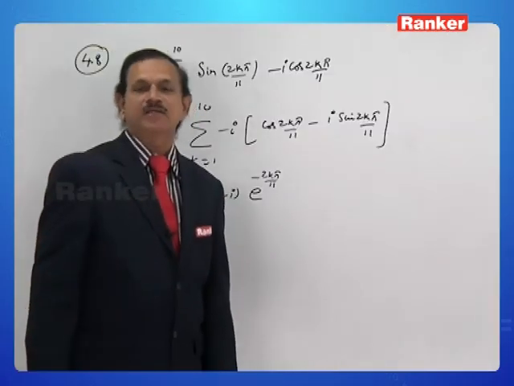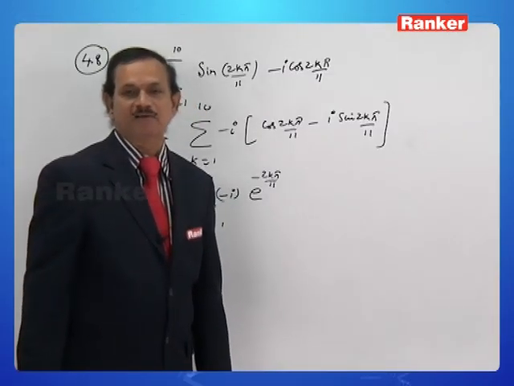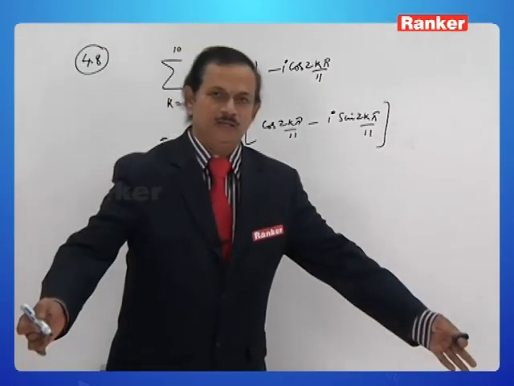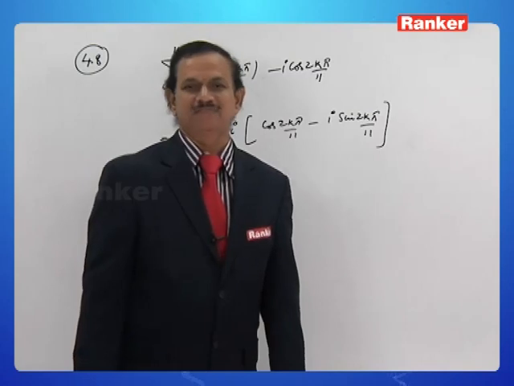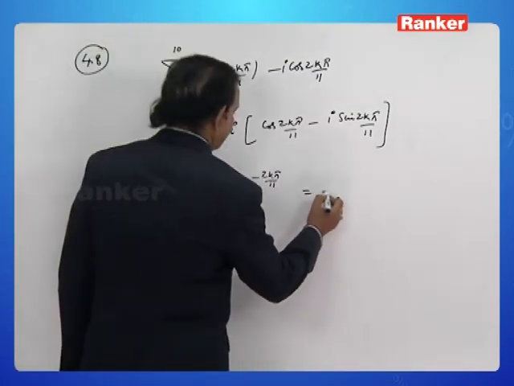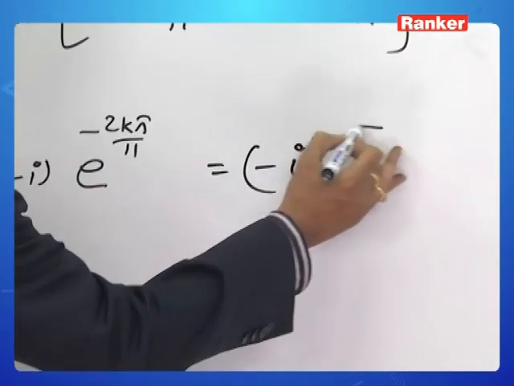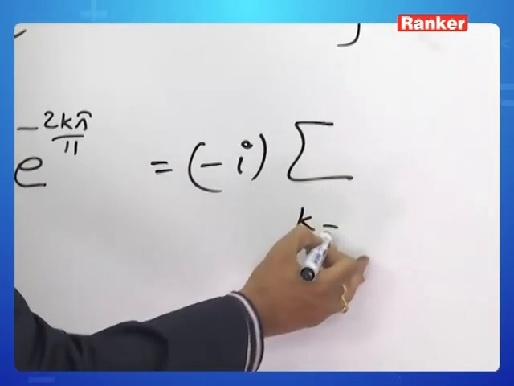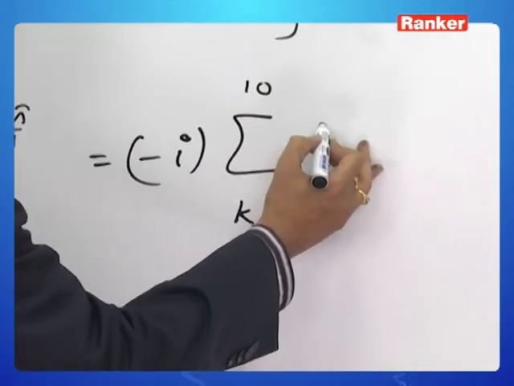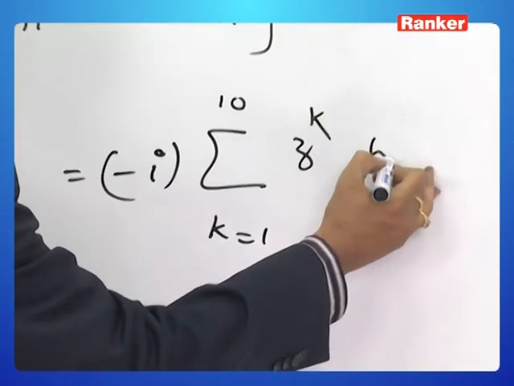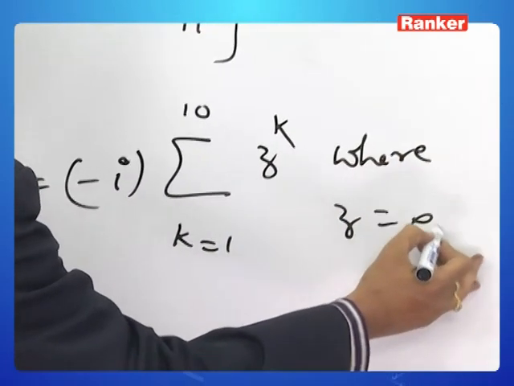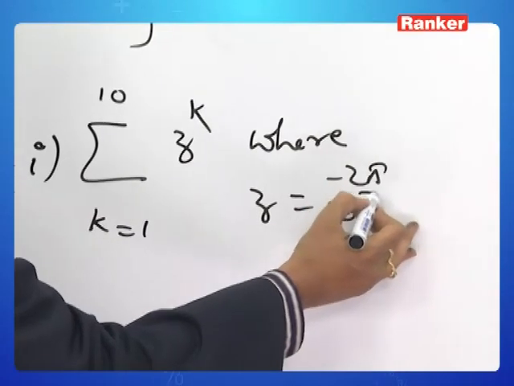Of course, by making use of Euler's definition, that is e power i theta is nothing but cos theta plus i sin theta, and thereby e power minus i theta is cos theta minus i sin theta, isn't it? This is again minus i into the sum k equal to 1 to 10 of z power k, where z is equal to e power minus 2 pi i by 11.